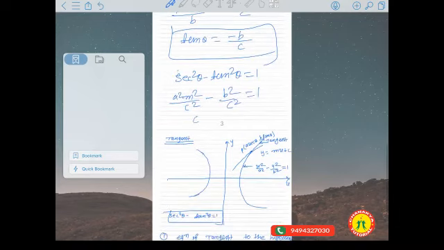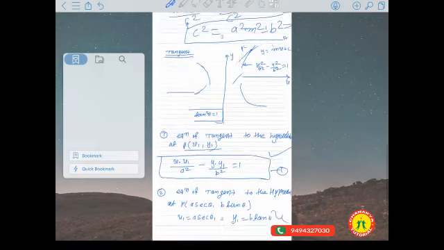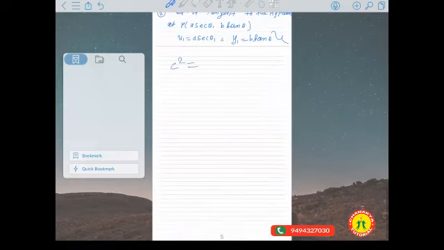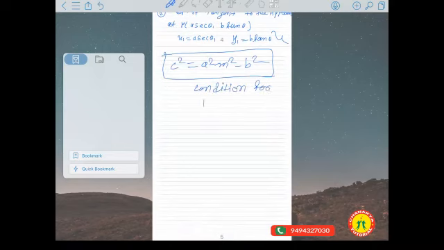So we get c square is equal to a square m square minus b square, right? So c square equal to a square m square minus b square. This is called condition for tangency.